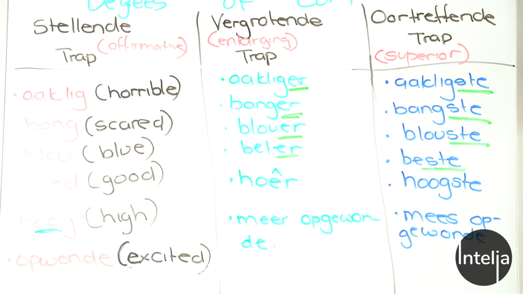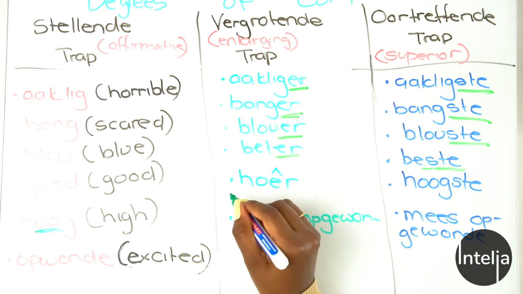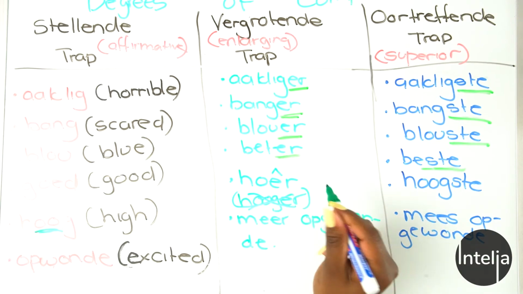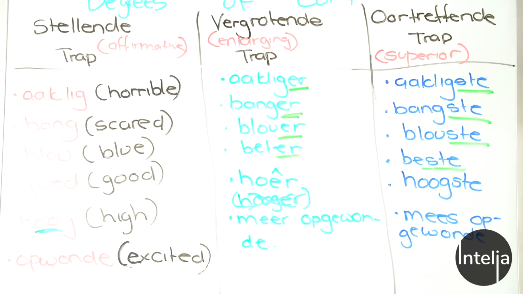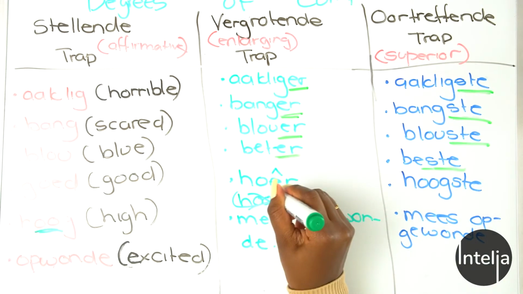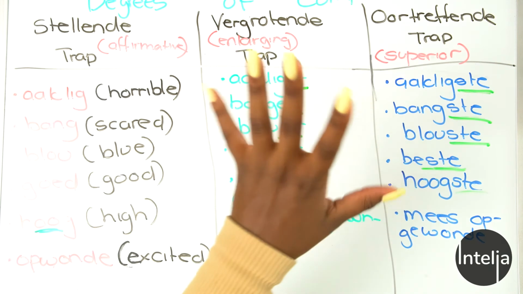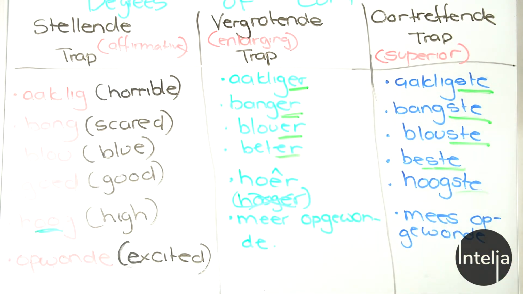We can't say hooger. It doesn't sound right. It's wrong. We say hoër, which means higher. Do you see our ER is still present? Then hoogste. Trappe van vergelyking is very straightforward. In terms of adding, we should be aware and conscious of what we are working with, but it's very straightforward. ER en jou vergrotende trap, STE en jou oortreffende trap.